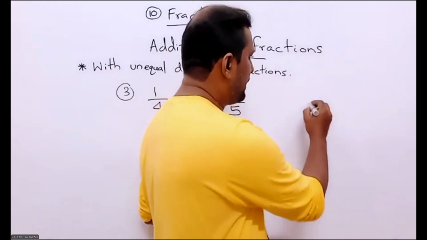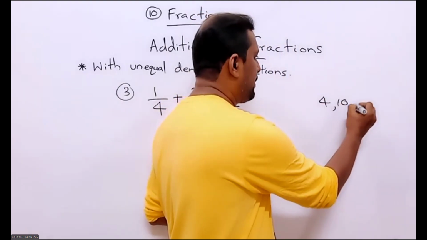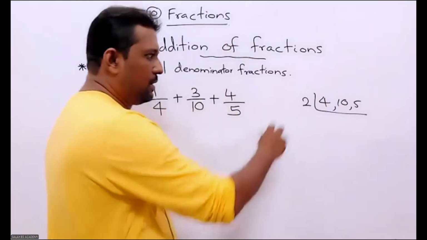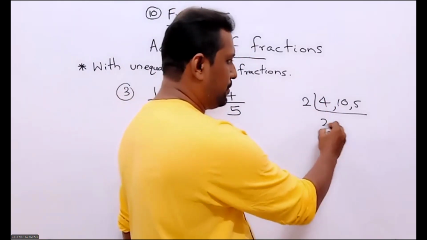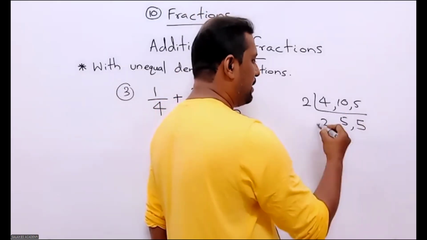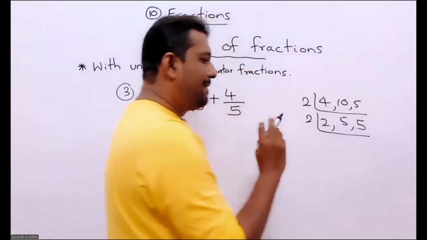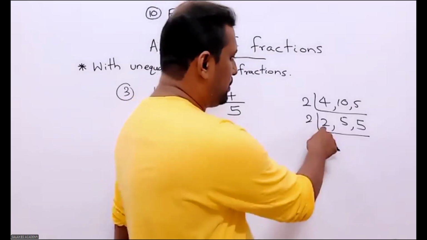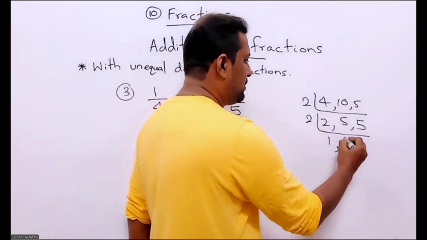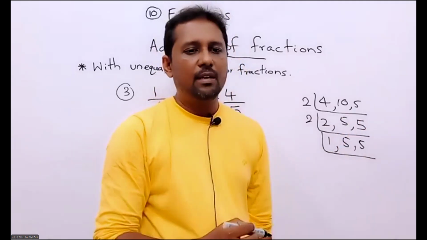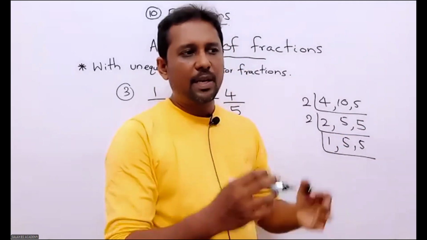First, I will find it. 4, 10, 5. So you can divide by 2. 4 divided by 2 is 2, 10 divided by 2 is 5. 5 we can't divide, so you have to write it. Then again, if at least one number can be divided by 2, you have to divide it. 2 we can divide by 2. 1, 5, and 5 we can't divide. Now, again, we can't divide by 2. Then the next prime number is 3.